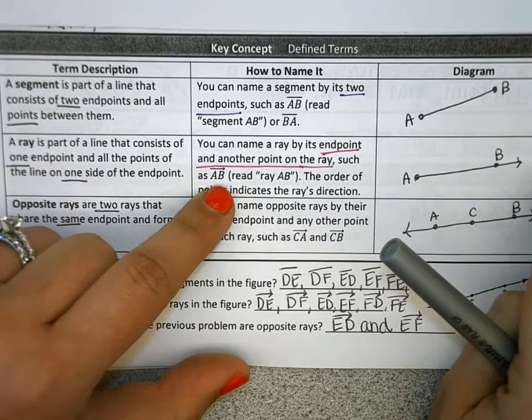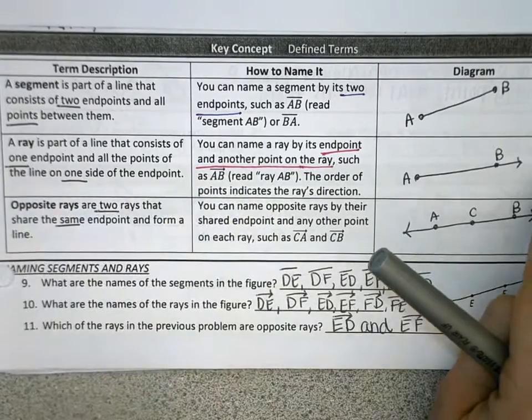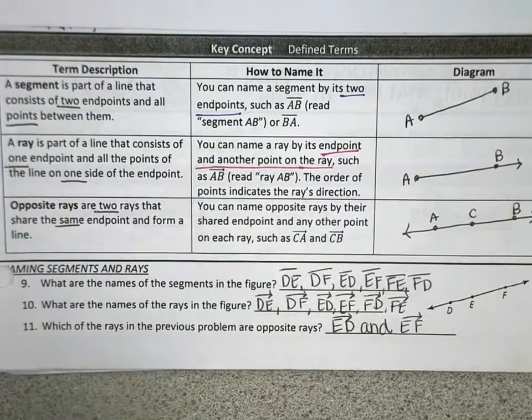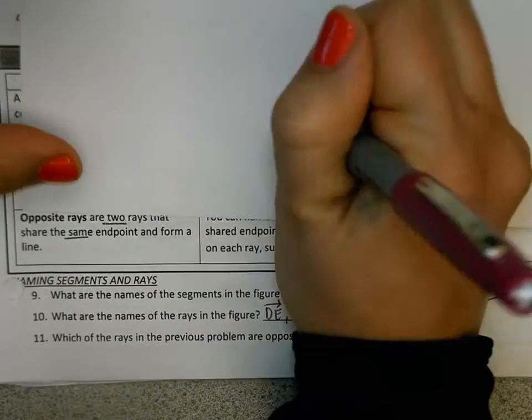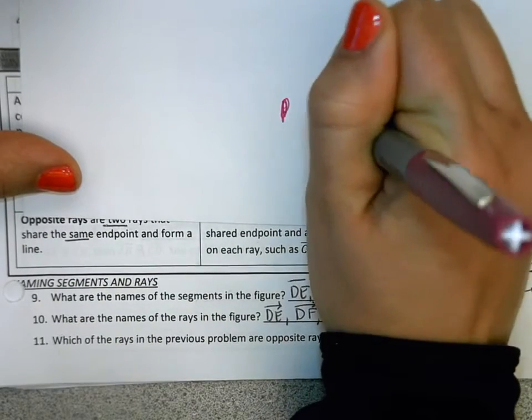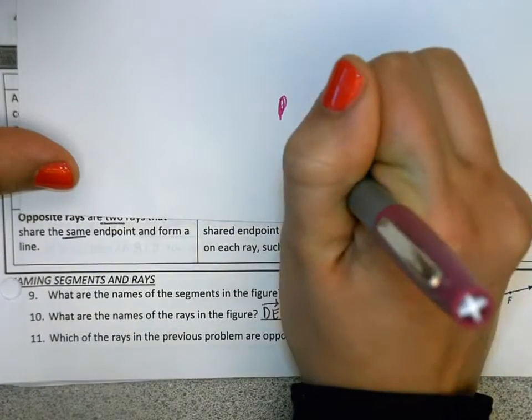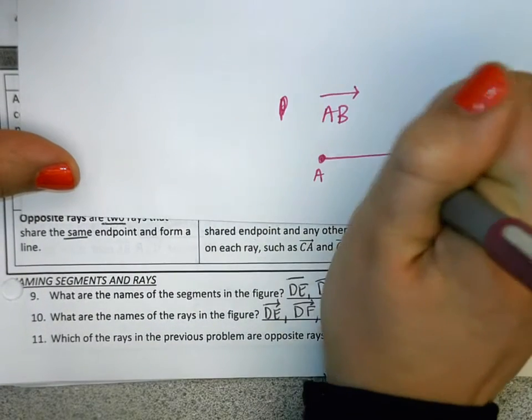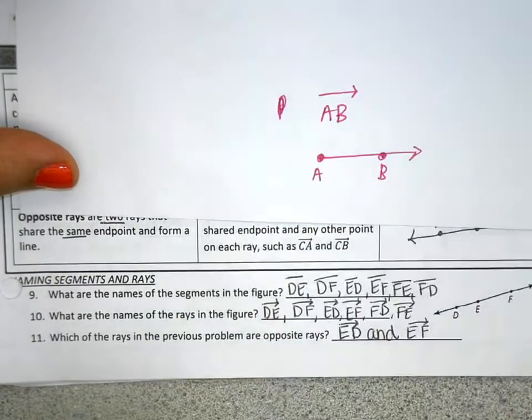Does that make sense? If I were to name a ray, ray BA, so here, let's do this. Ray AB would look like this, an endpoint at A, and then it's going in this direction towards B. That's what it would look like.